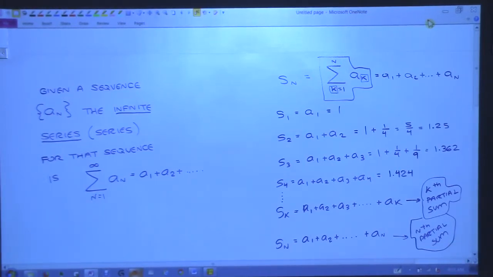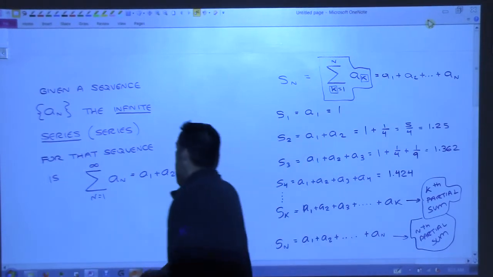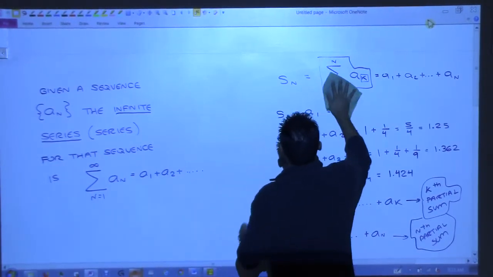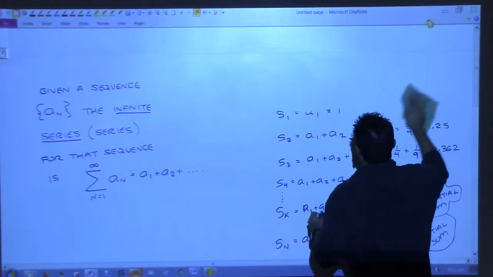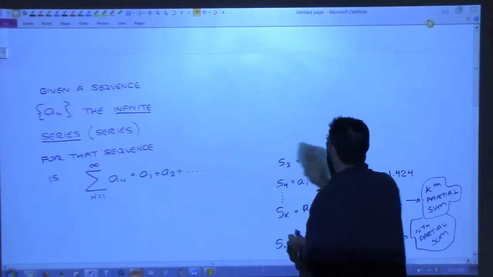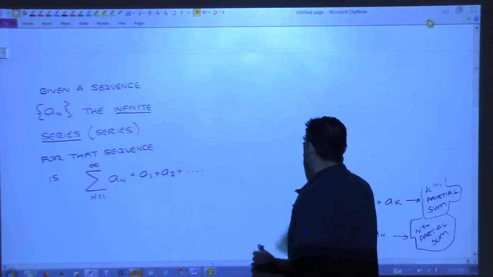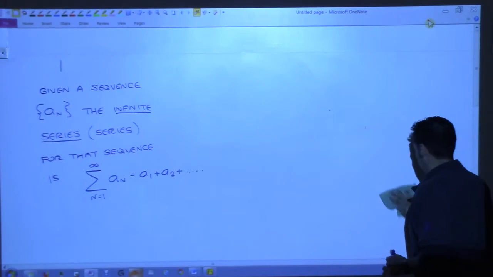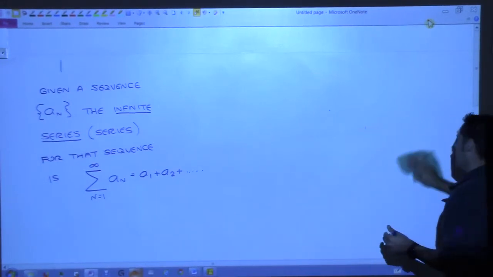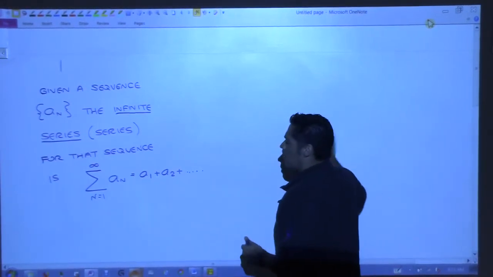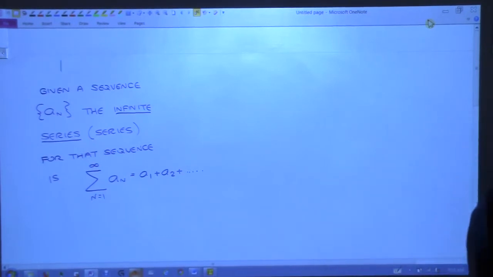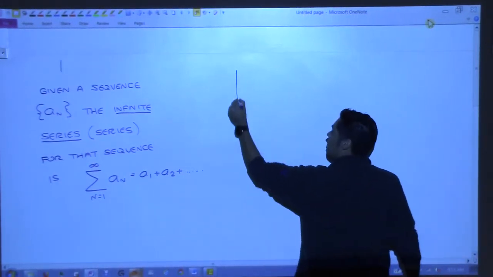Now we need to discuss what it would mean for a series to converge. So how do we determine whether or not it converges? How do we test to see if a sequence converges? Take the limit, let n go to infinity, right? So we want to do something like that for this also.